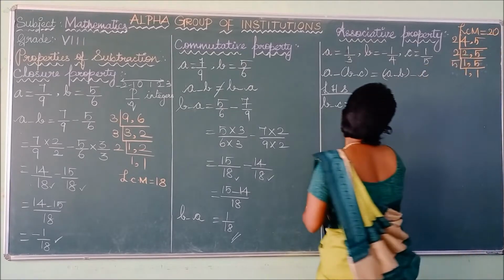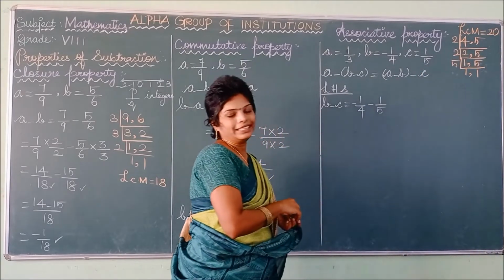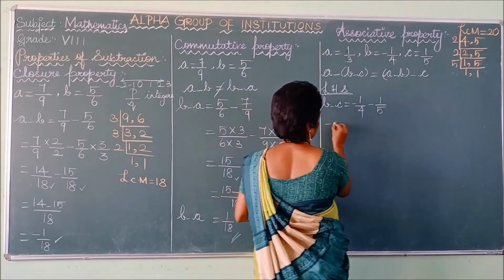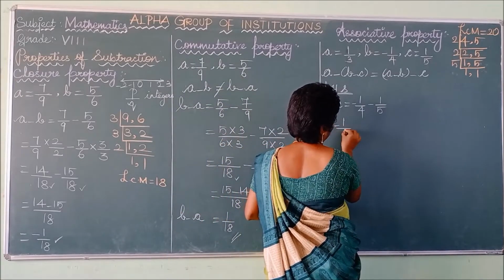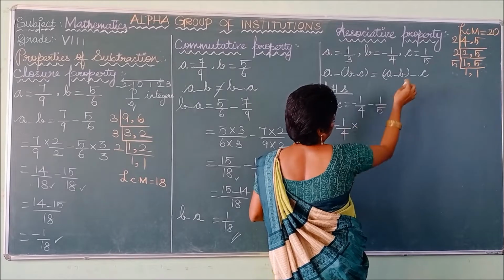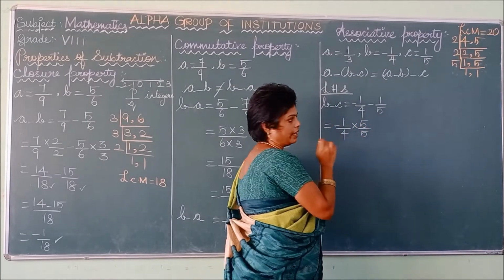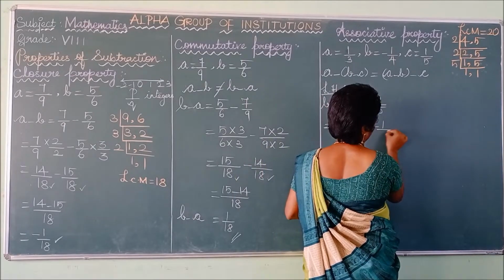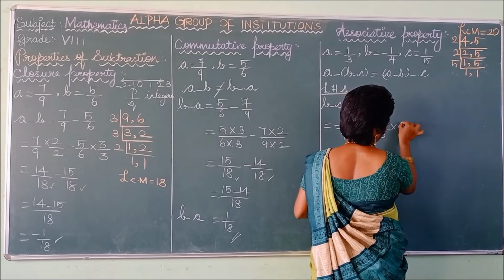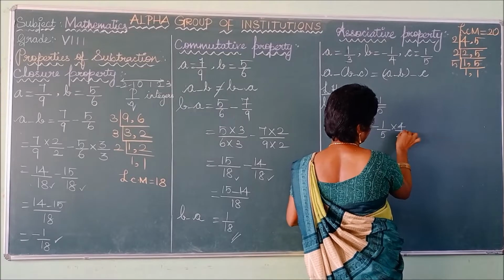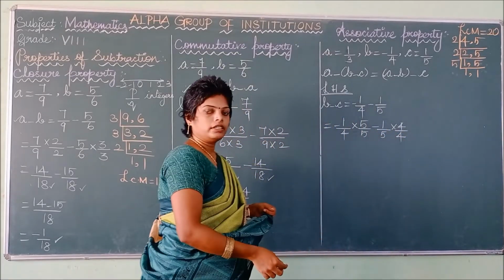So when this 4 changes into 20, if you multiply it with 5 only, it changes into 20. So you can multiply as well as divide it with that 5. And when this 5 changes into 20, if you multiply as well as divide it with 4 only, it becomes 20.